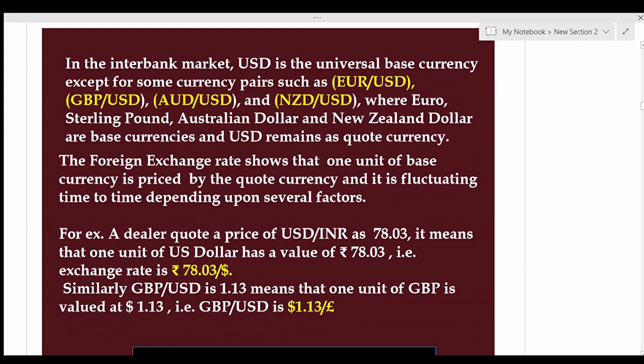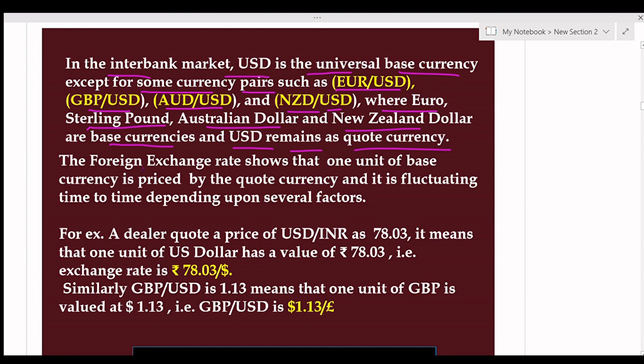In the interbank market, USD is the universal base currency except for some currency pairs such as EUR/USD, GBP/USD, AUD/USD, NZD/USD, where Euro, Sterling Pound, Australian Dollar AUD, New Zealand Dollar NZD are base currencies and USD remains as the quote currency.